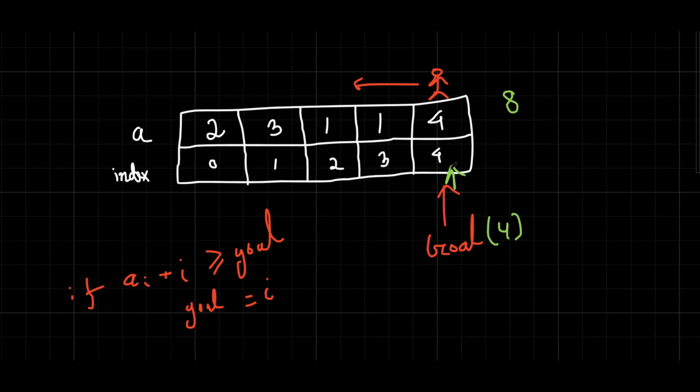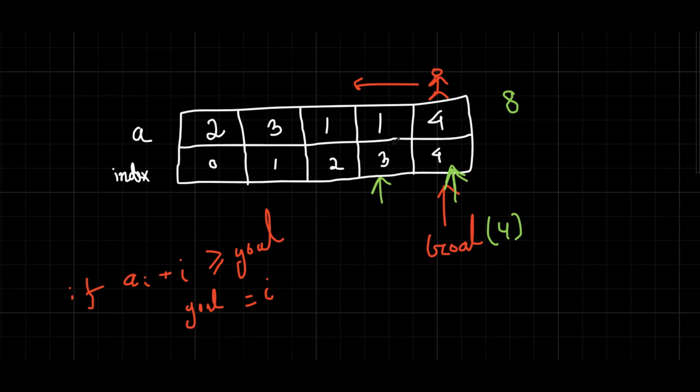That means we can reach these positions if we start jumping from these positions also. Now we are at these positions. Here the summation of a of i and i will be 3 plus 1, which is 4.